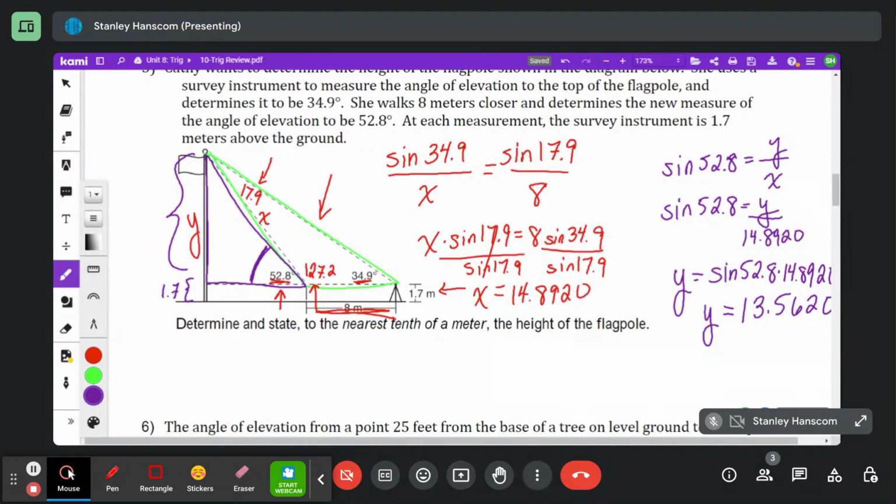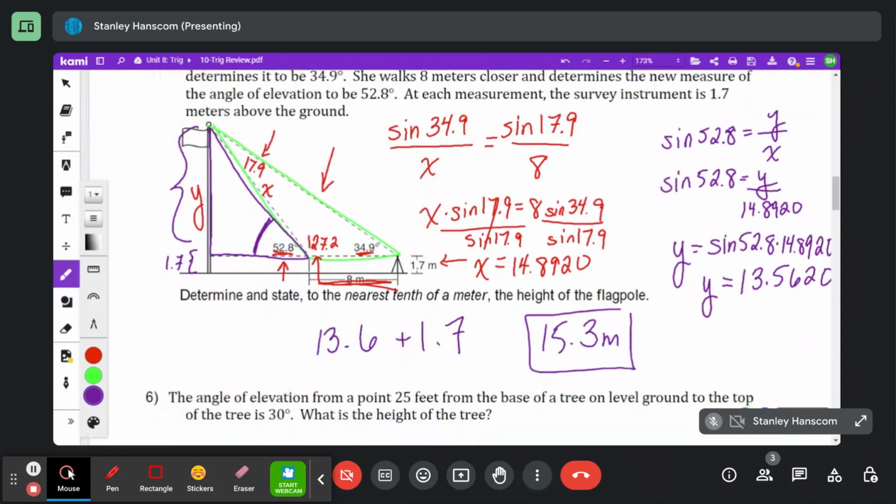So that y value plus 1.7 would end up being 13.6 approximately if we round for those instructions, plus the extra 1.7. And so if we add those together, we will end up getting 15.3 meters tall altogether. That one you might want to relook at if you watch me go through it, because it is a two-parter.